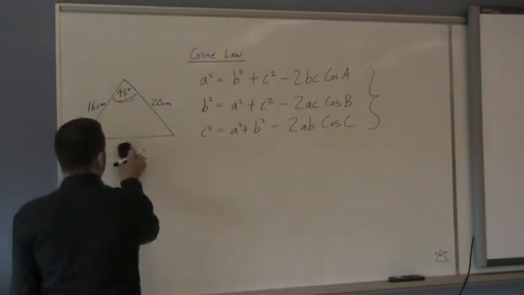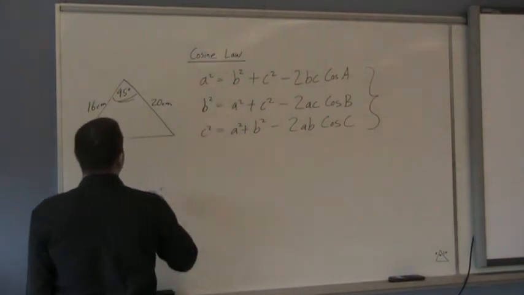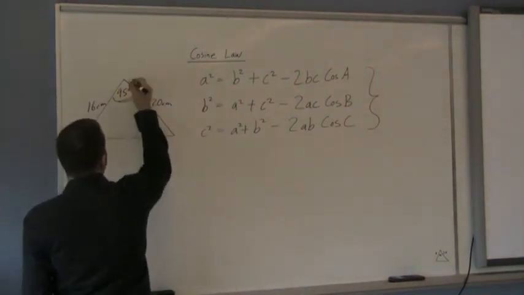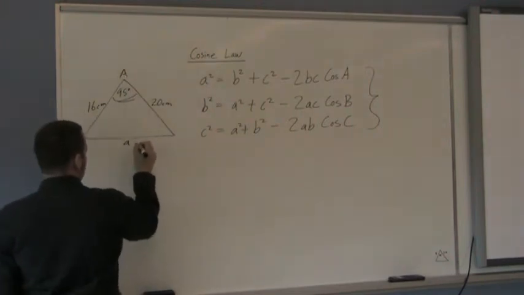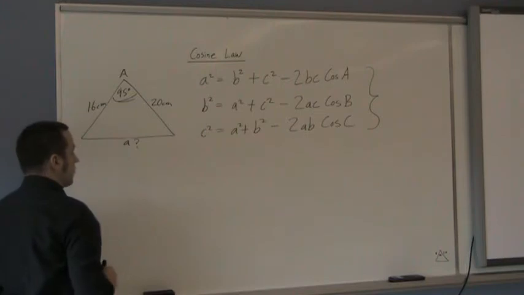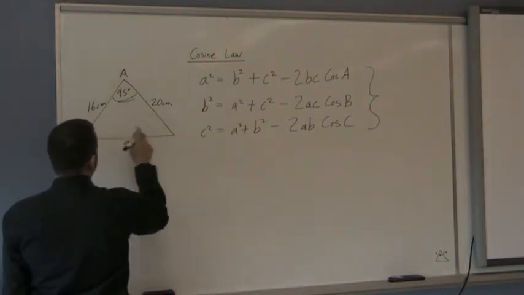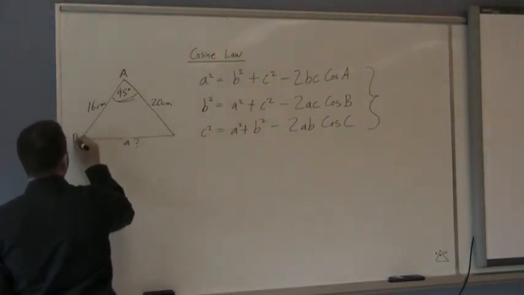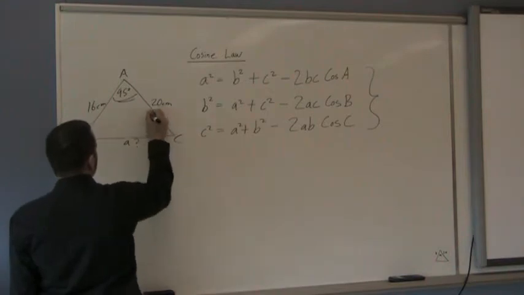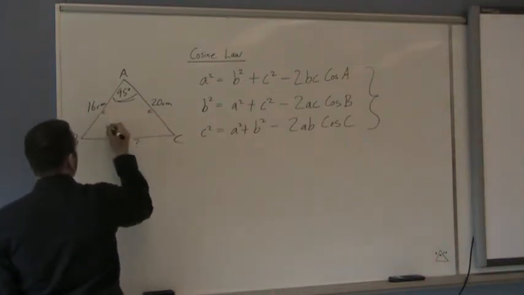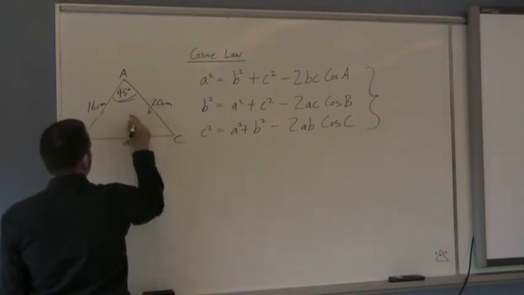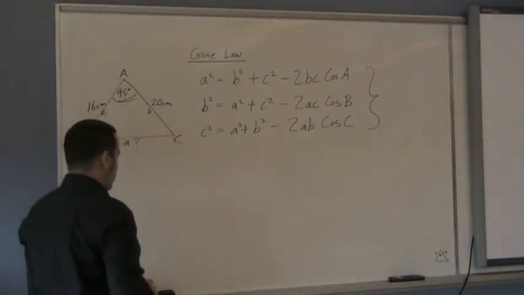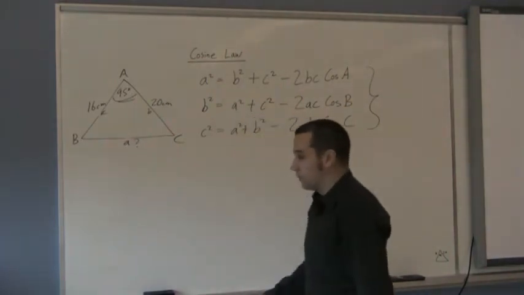If I want to use the top formula, and I'm missing this side, so I will make this A, so this is side A, the one that I'm missing. This is what I want to find. If that's A, you can label this B or C, it doesn't matter. So we'll make that B, this is side B, and this is side C. Okay, so we're going to use the top formula.